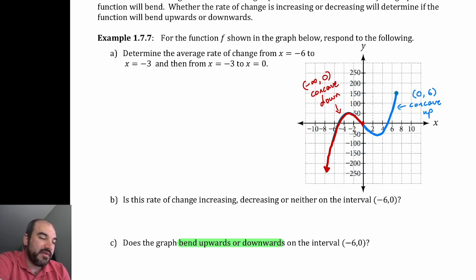That's where it's concave down, where it's concave up. Again, we're talking about x values here. Whenever we talk about where the function is increasing, where it's decreasing, where it's concave up, where it's concave down, those are all intervals on the x-axis.